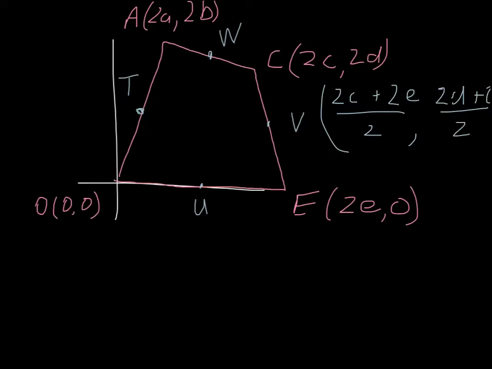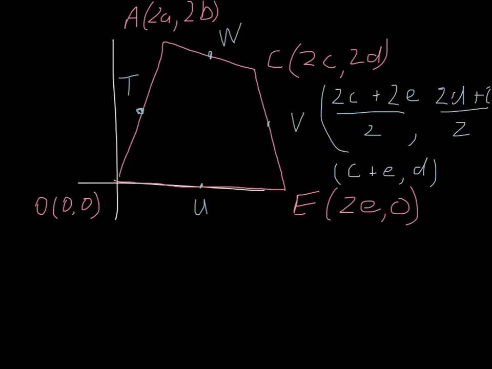Alright, now when we pull out a 2 on top and then divide by 2, you can see we get the coordinates of V to be the ordered pair (c plus e, d), which is what they had in the book.